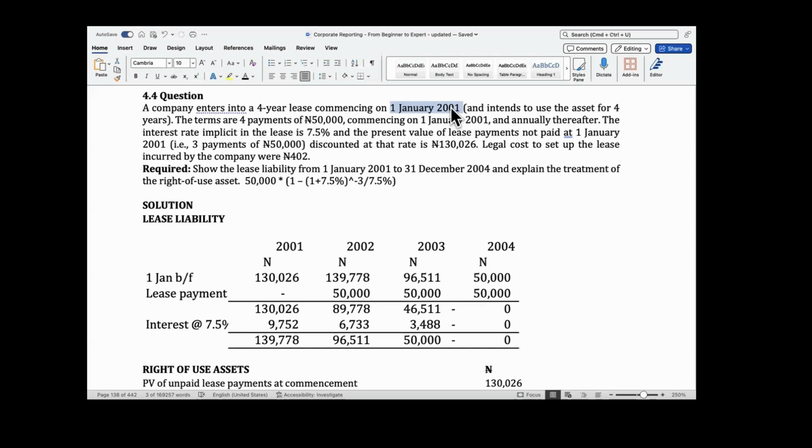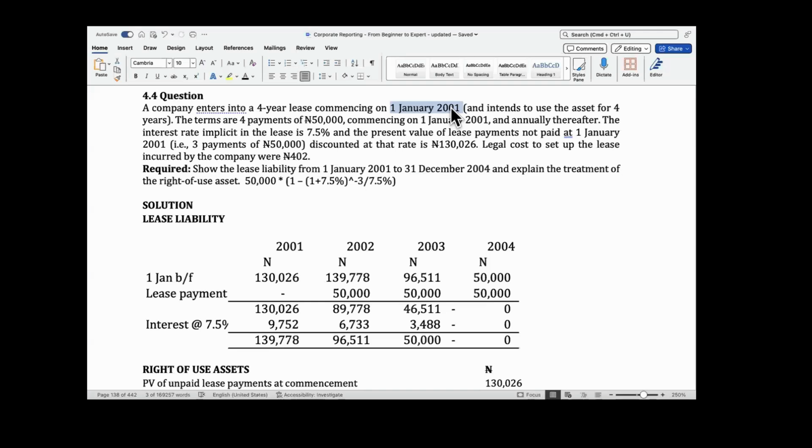The interest rate implicit in the lease is 7.5%, and the present value of lease payments not paid at 1st January 2001, that is 3 payments of 50,000, discounted at that rate is 130,026. Legal costs to set up the lease incurred by the company were 402 required.